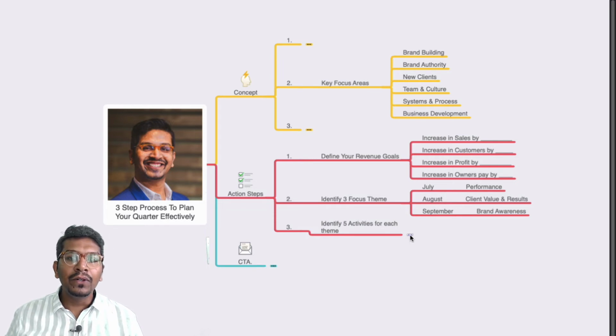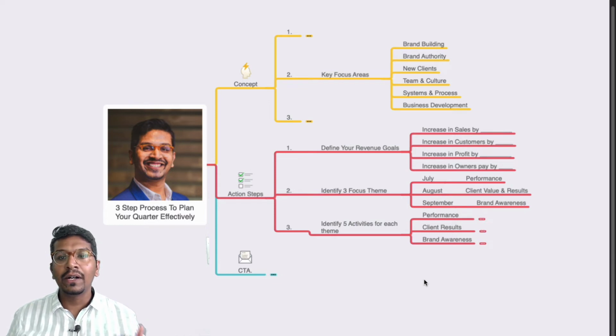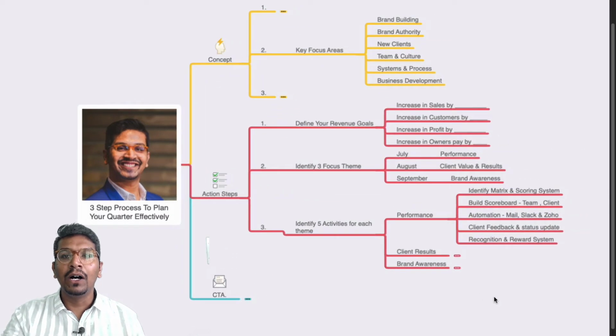Now these would be those activities that are crucial for getting your business to the next level, to speed up the results that you are creating in these areas of operations. For example, in my business, under performance, I'll be taking up these 5 activities.